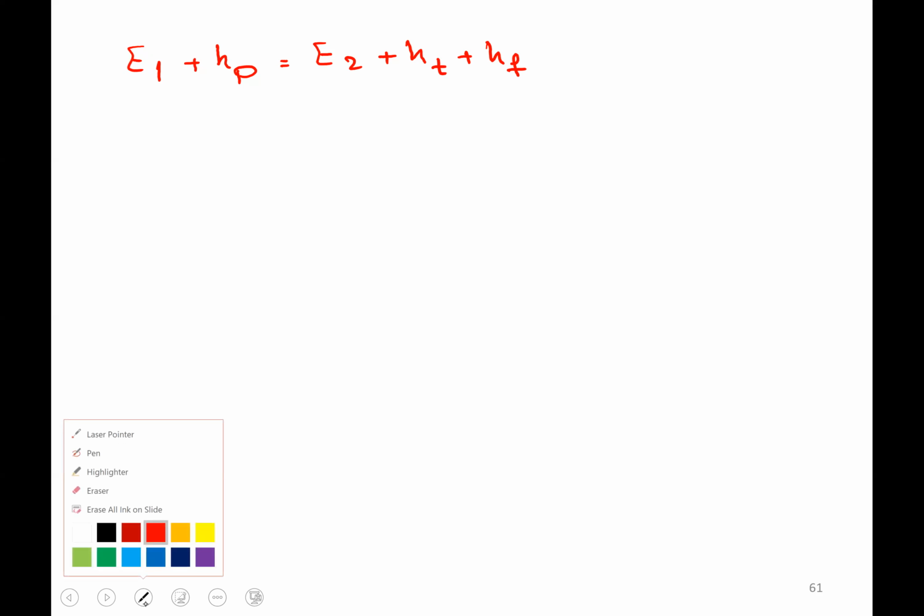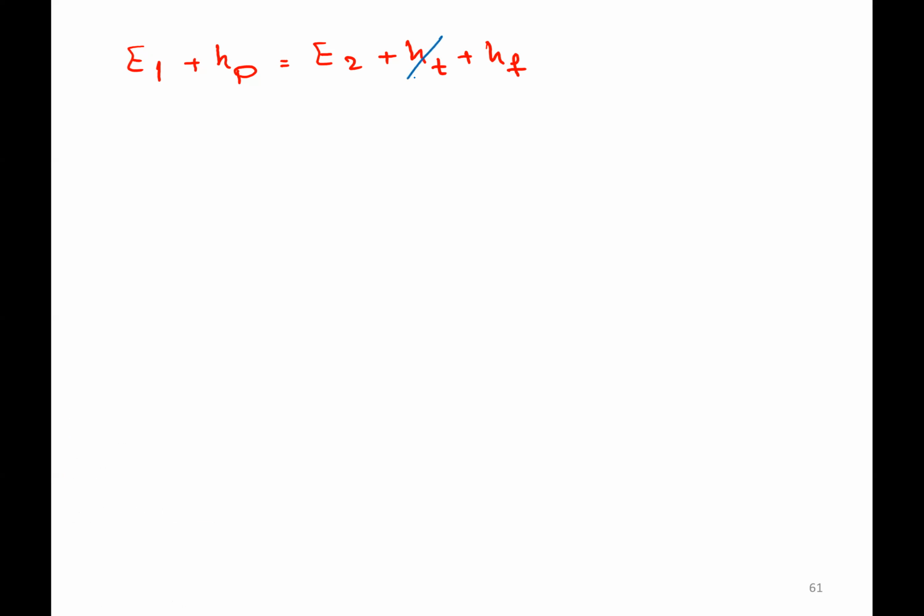We don't have a turbine here, so this term is 0. And the problem says we can neglect friction, so HF is also 0. So all we have is E1 plus HP, head of the pump, is equal to E2.